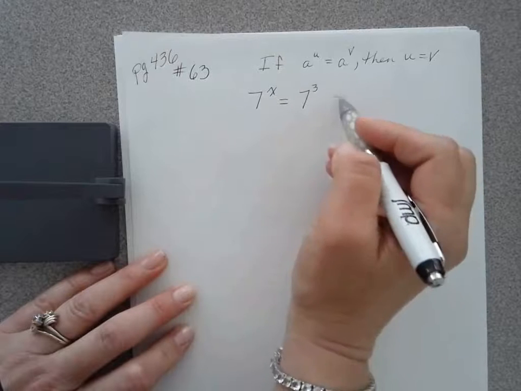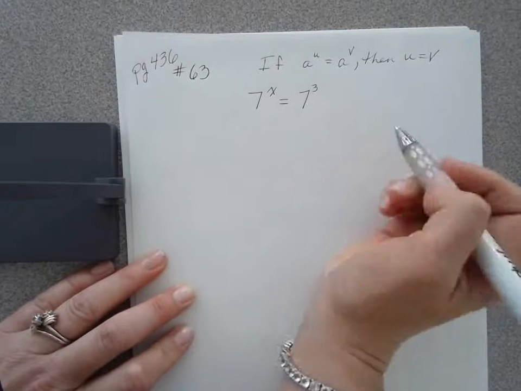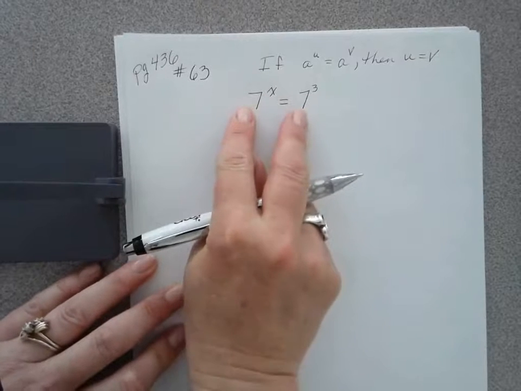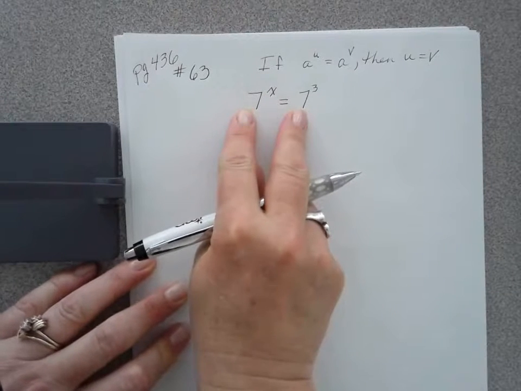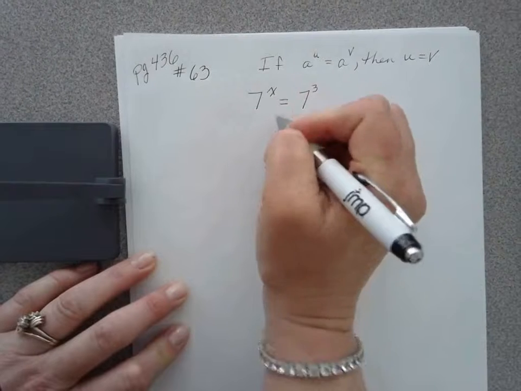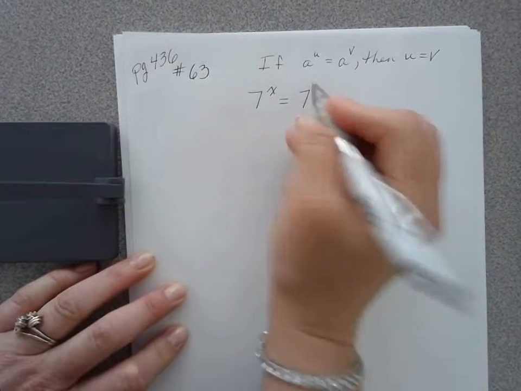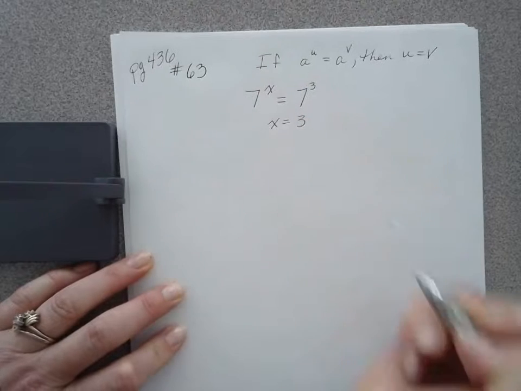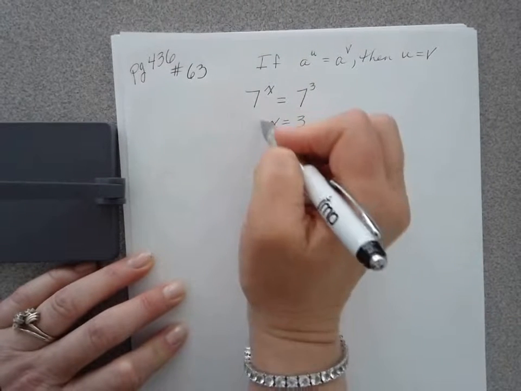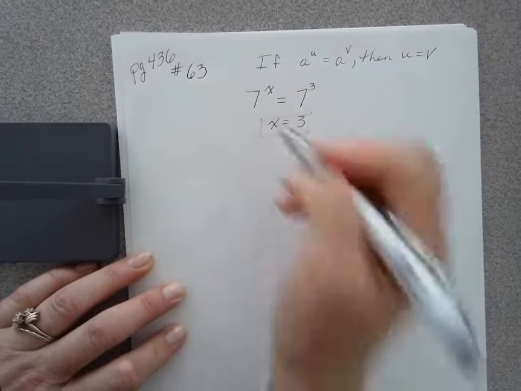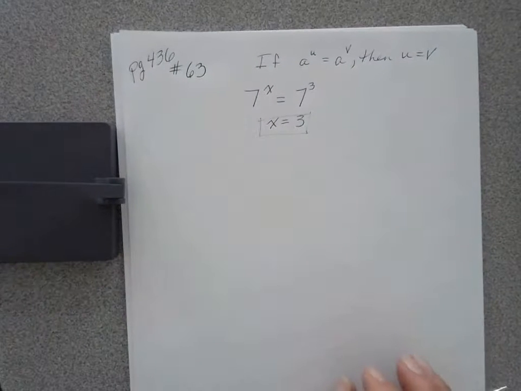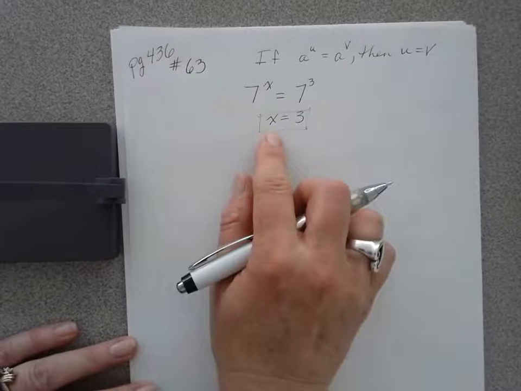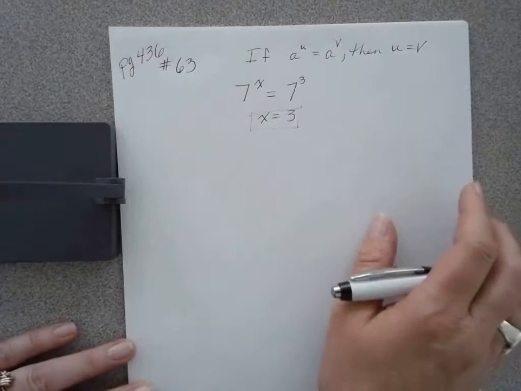You can't have like a plus 4 over here or something like that. It has to be two basic exponential functions with the same base that are equal to each other. So what can we say about the exponents then? X equals 3. So that's solving that exponential equation. That's a really quick, fast one as long as you know the rule.